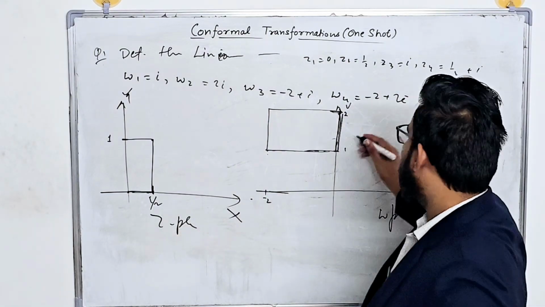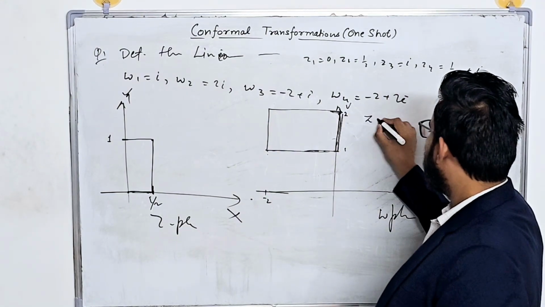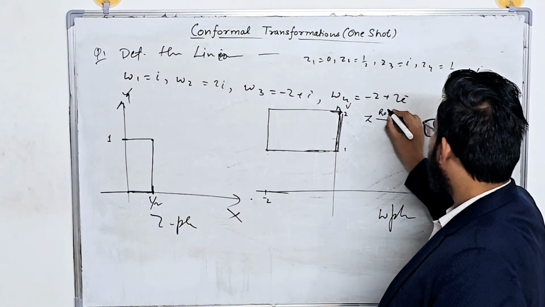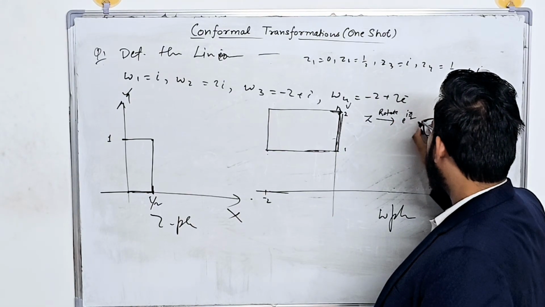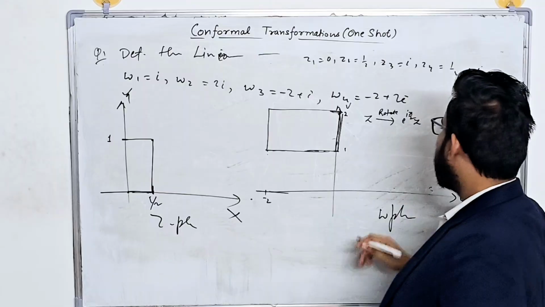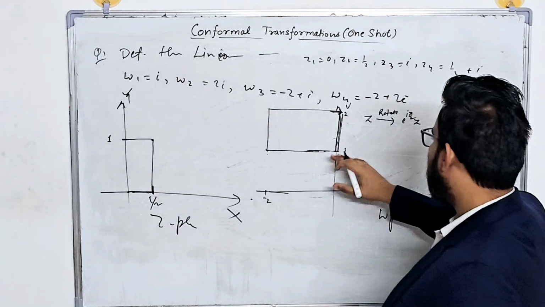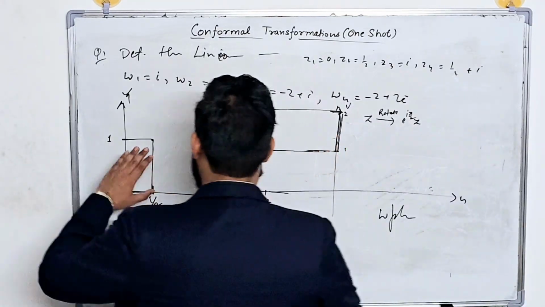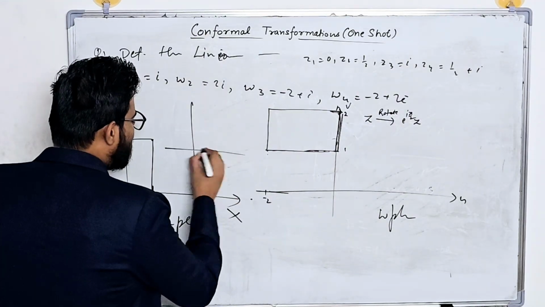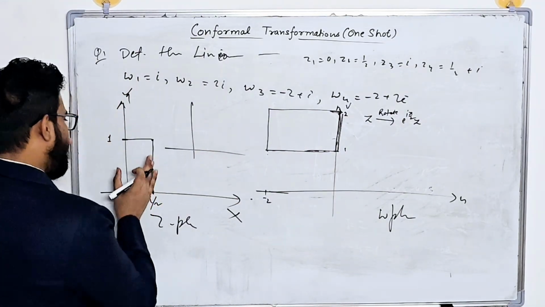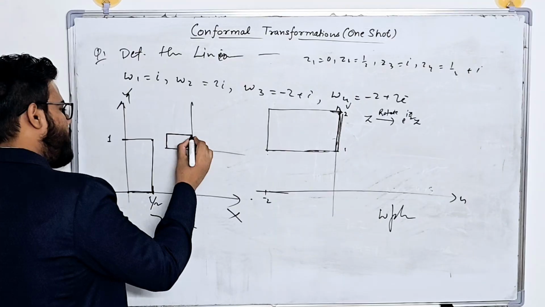So we know that if we rotate z by e to the power i pi by 2 times z, then it will become something like this. When it is rotated by 90 degrees, it will go like this, right?